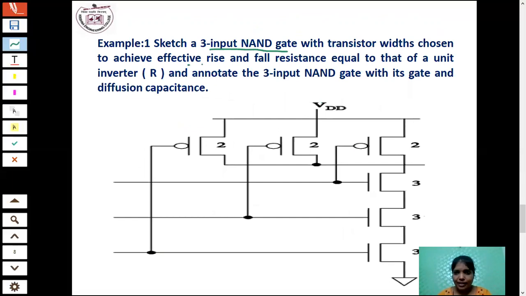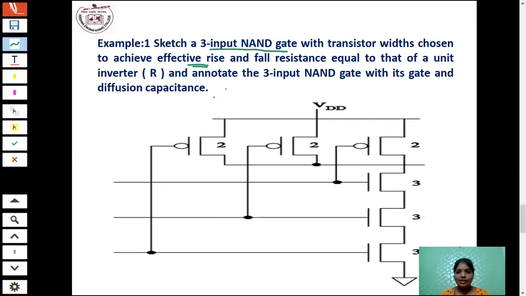you have to draw the equivalent circuit, that is the RC equivalent circuit first, and you have to draw the corresponding effective rise and fall resistance which is equal to the unit inverter, and annotate the 3 input NAND gate with gate and diffusion capacitance. That is, in your diagram you have to mention the gate capacitance, diffusion capacitance as well as the resistance value.